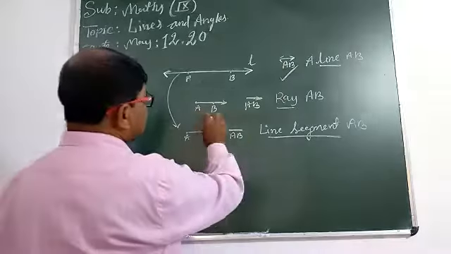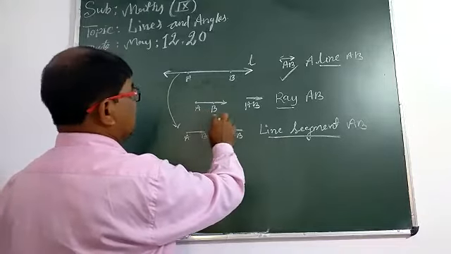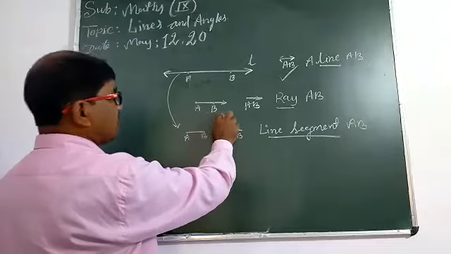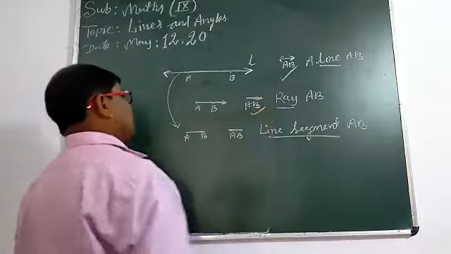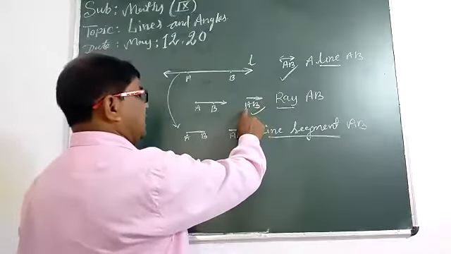This is a part of a line, represented as ray AB.